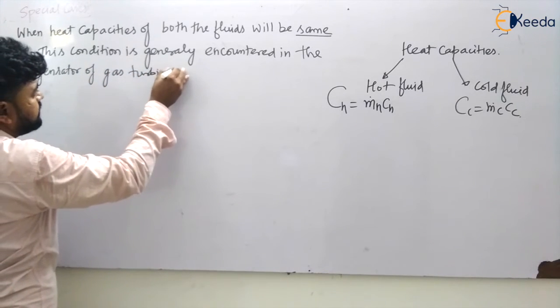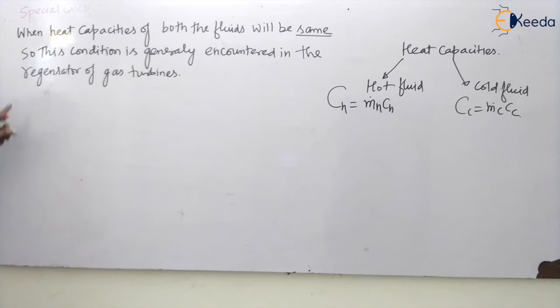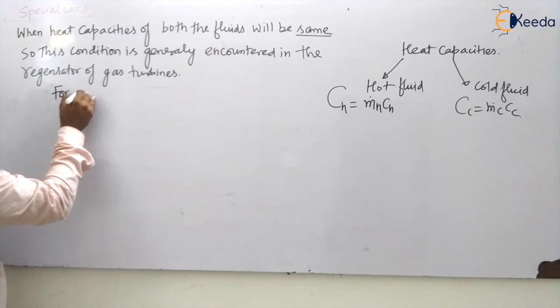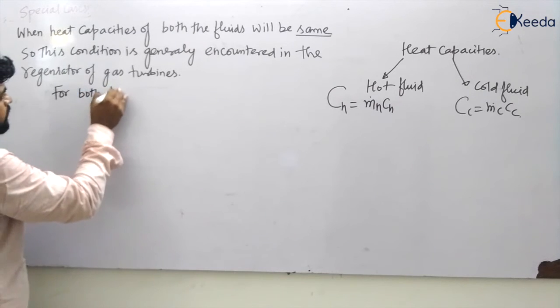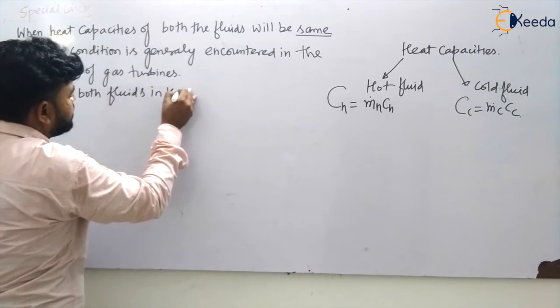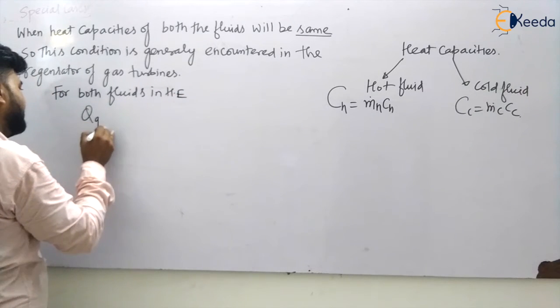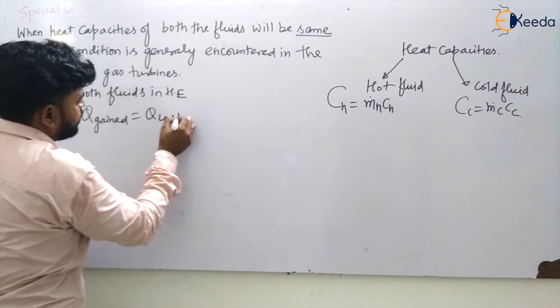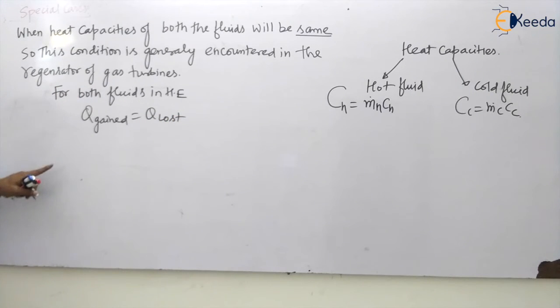So this will be encountered in the regenerator of gas turbines. We know that for heat transfer between both fluids in a heat exchanger, Q gained will be equal to Q lost, my dear students.